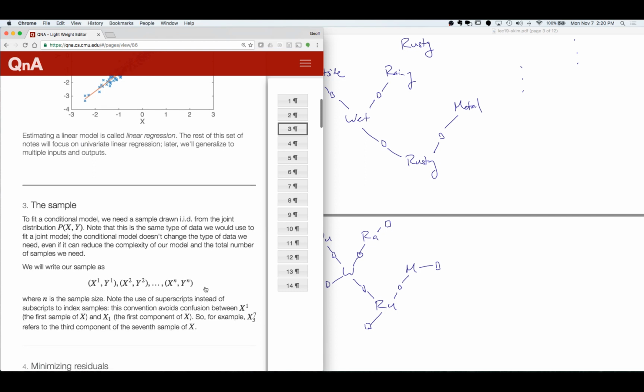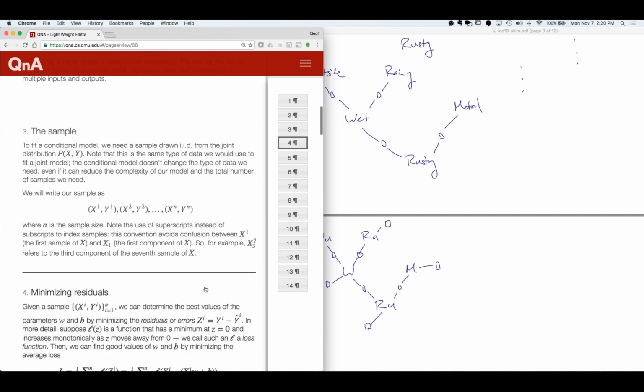So to fit a conditional model, we need a sample drawn IID from this joint distribution P of x and y. And this is exactly the same kind of data that we'd use to fit a joint model. The conditional model doesn't change the data we need at all. The hope is only that we need less of it if we're not modeling P of x, or that we'll get a better fit if we can allocate all of our parameters to modeling the conditional instead of the marginal distribution of x.